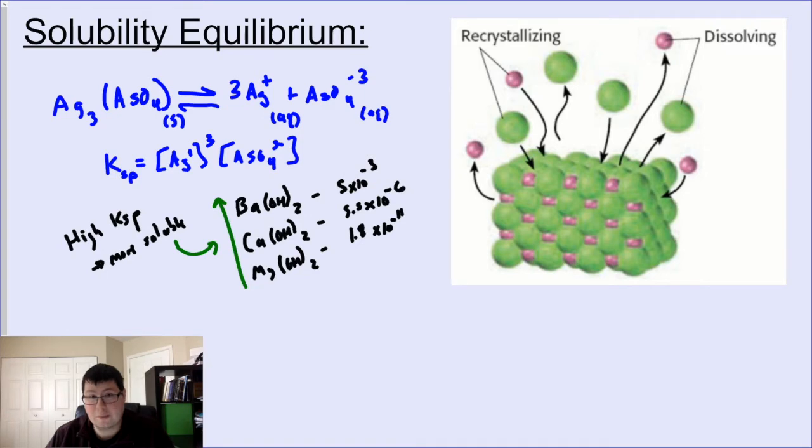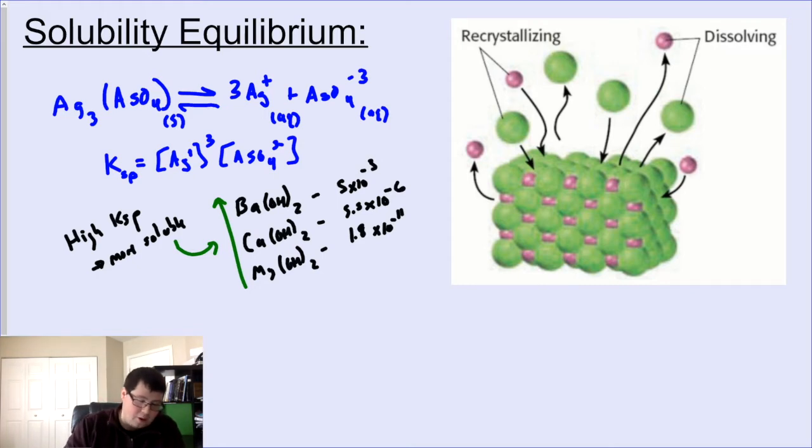This, by the way, explains why we call barium and calcium hydroxide strong, but we don't consider magnesium hydroxide strong at all, because even though these are slightly insoluble, they have a fairly significant amount of ions that will dissolve in solution, whereas magnesium hydroxide barely dissolves at all. It's times 10 to the minus 11th, and so it doesn't count as a strong base, and so we would just consider it weakly basic.